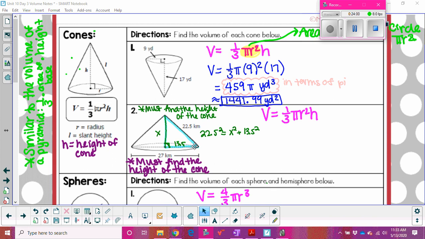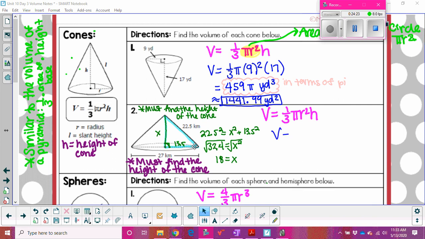So if I say 22.5 squared minus 13.5 squared, I'm going to get 324. Okay, and to solve for x, you would take the square root of both sides. So I know that x, or height, is 18. Okay, so now I've got all my missing pieces, and I can just go finish the problem.